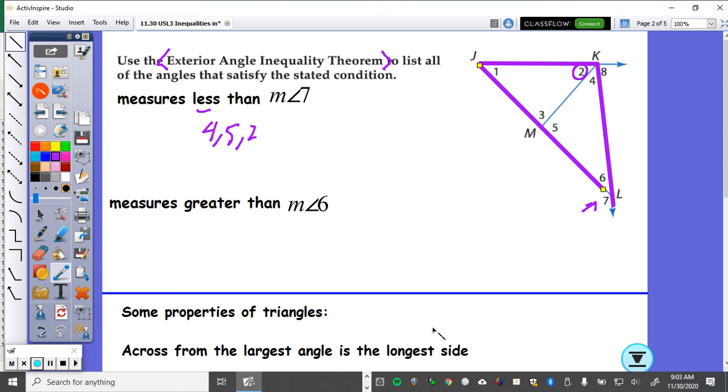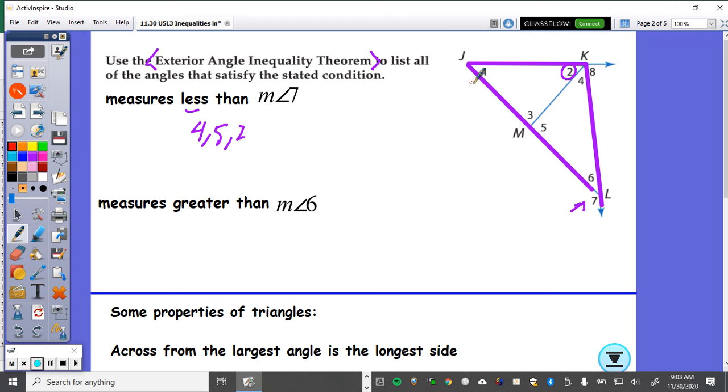Okay, that triangle. Then that says, well, this angle right here, 2 and 4, plus this angle right here is equal to this angle right here. Okay?